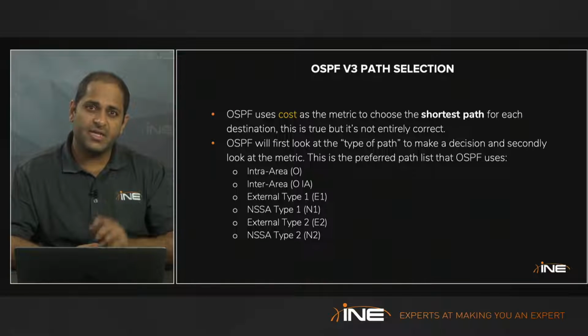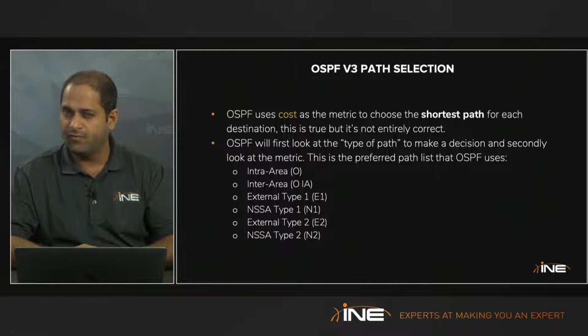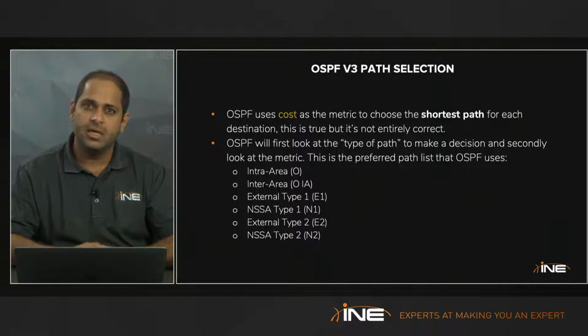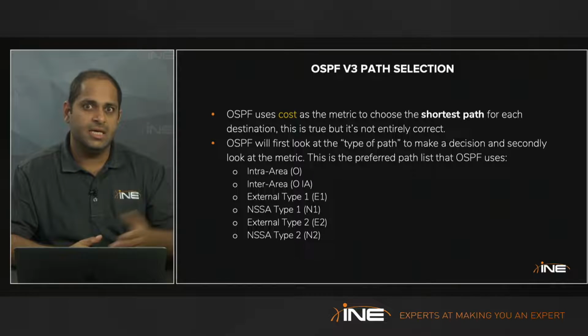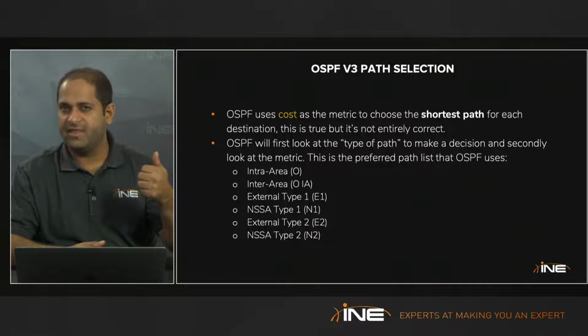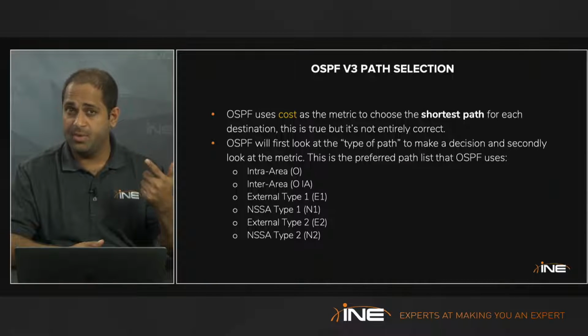Now, as far as IOS XR is concerned, IOS XR behaves differently from IOS XE. As per the new RFC, the path selection order has changed. We have prefix length first, which is always first. If the length is the same, then it is AD, administrative distance.